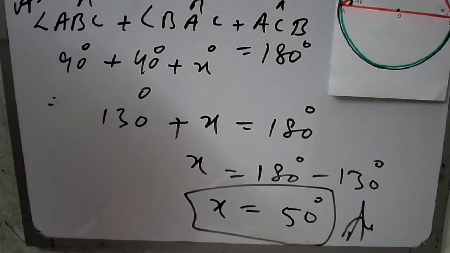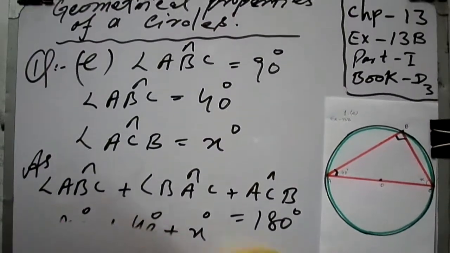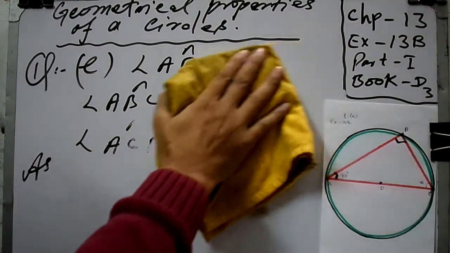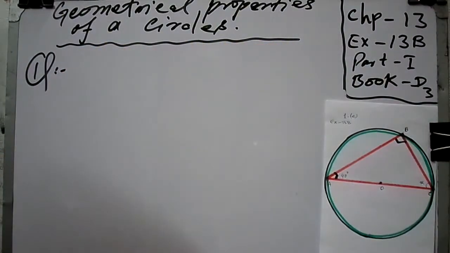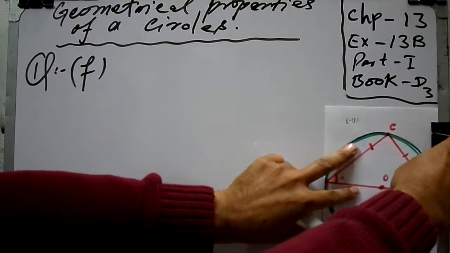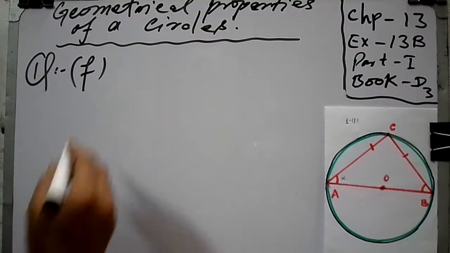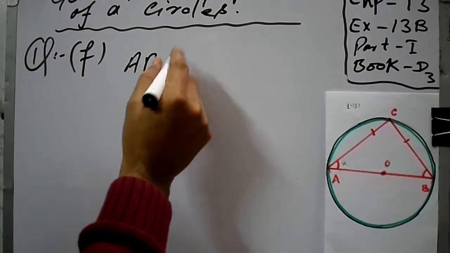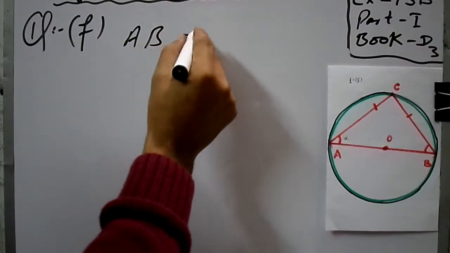Now similarly, coming to the next part, that is your f part. In f part you can see once again another diagram. In this diagram you can see here that side AB is equal to BC.